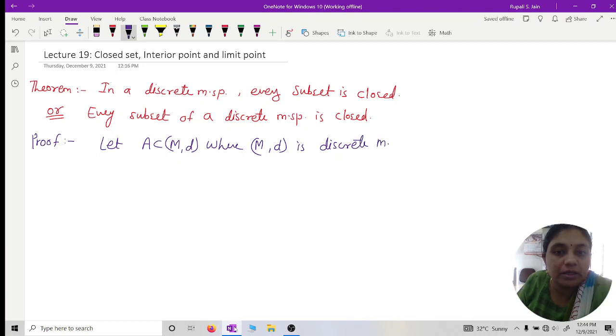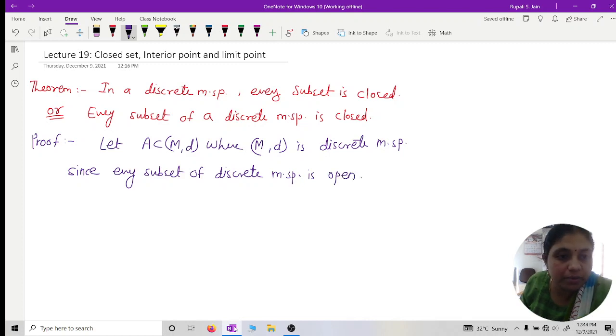Since every subset of a discrete metric space is open, A complement, which is again a subset of the metric space (M, d), is also open.